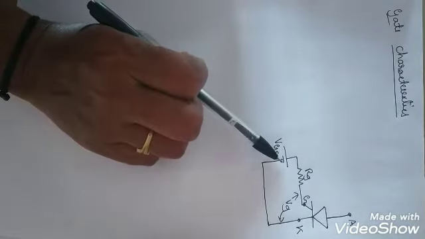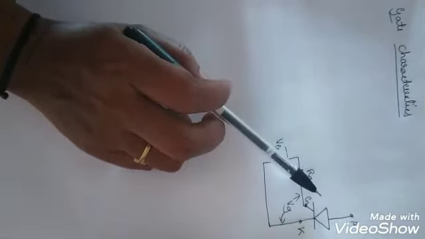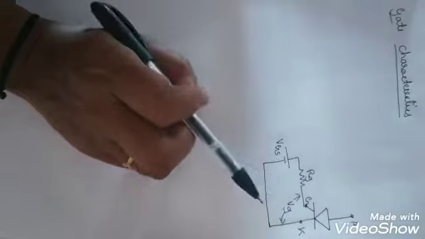So this is the supply voltage source from which we are giving triggering pulses to an SCR.